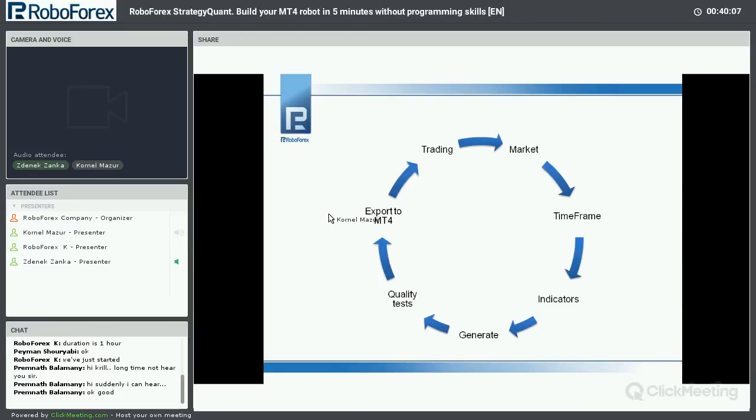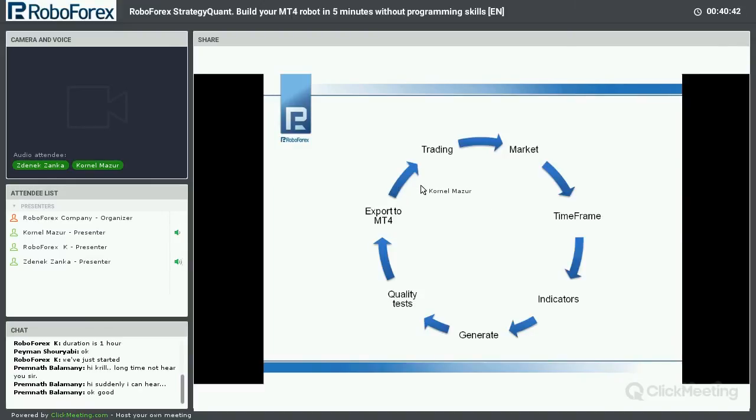I gave some guidelines to my computer, and then I click the start button. Of course there are many more settings, but these are the basic settings you need to set. Then the computer starts to work. It generates strategies and searches for ideas, and it uses a genetic algorithm, which gives you the possibility to generate hundreds and thousands of strategies which can have nice equities.